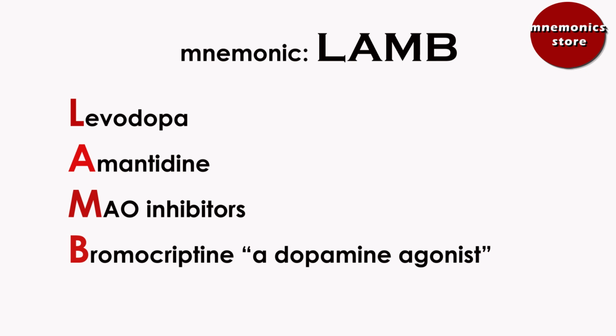Here, you can use the mnemonic LAMP to memorize the therapy of Parkinson's disease, where L is for levodopa, A is for amantadine, M for MAO inhibitors, but we also have a B for bromocriptine. We mentioned this as a dopamine agonist.